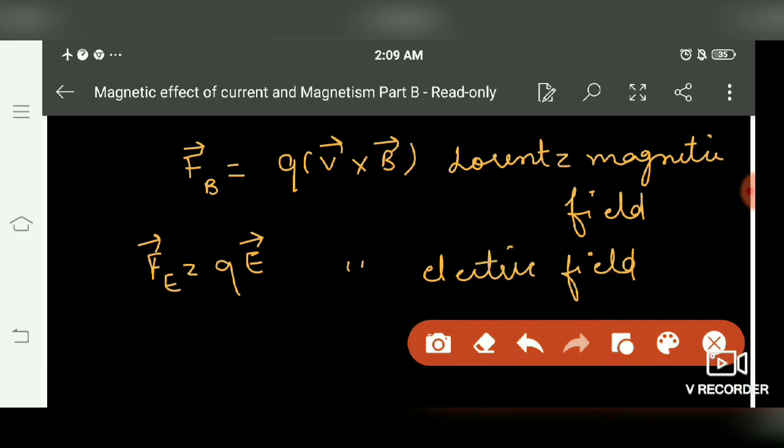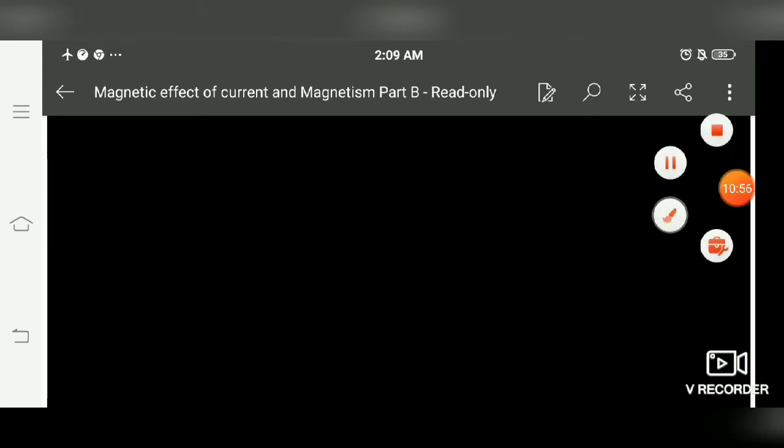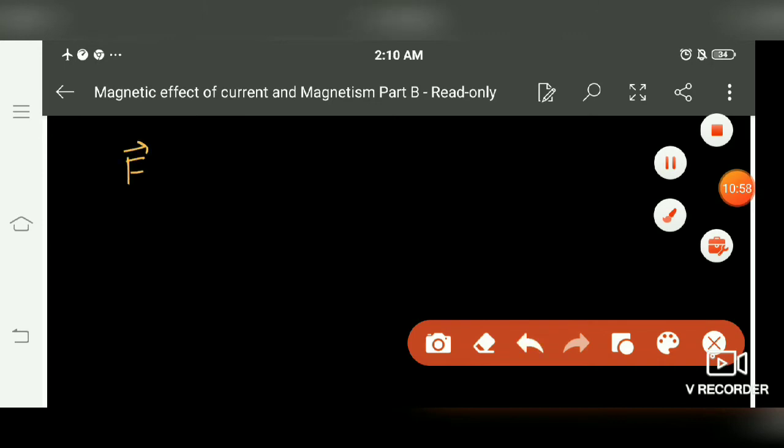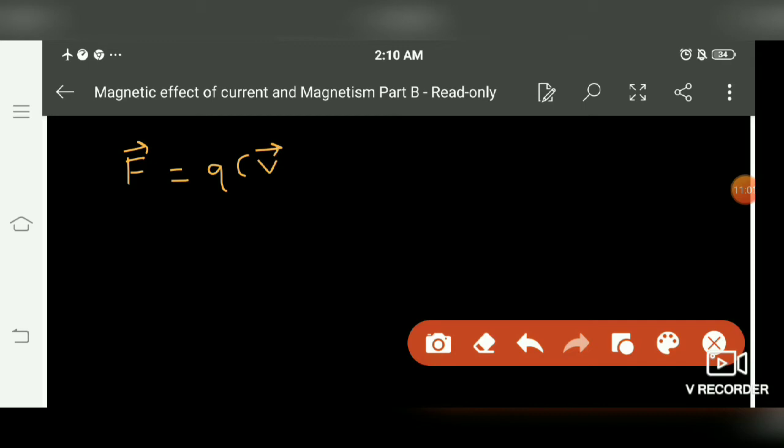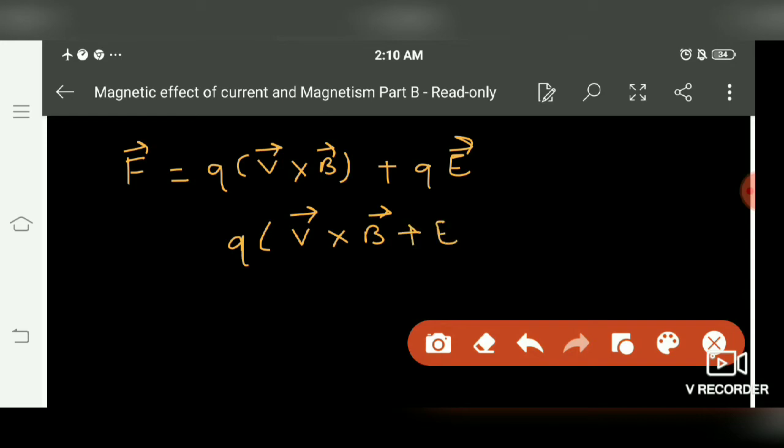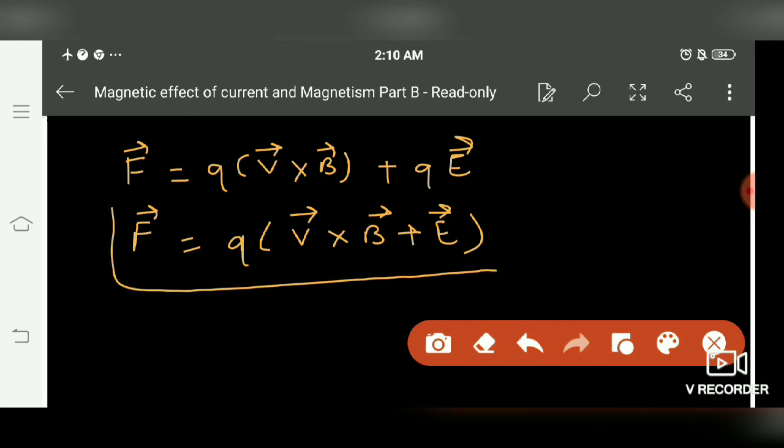And if we combine the total result of this, F is equal to Fb plus Fe, and this will give a result of F is equal to Q V cross B plus Q E, or we can say Q is common, Q (V cross B plus E). This is the net force we will get.